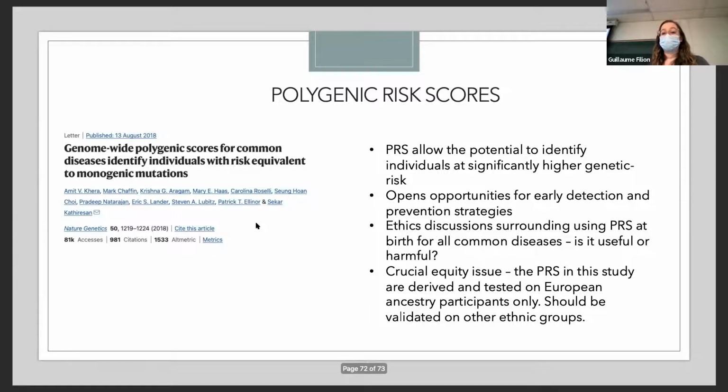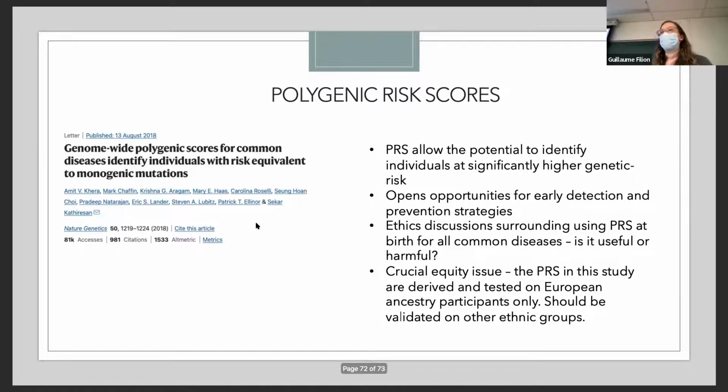There are often a lot of ethics discussions around this. If we have these risk scores developed, should we test them right at birth for all of the known common diseases? Will that do more harm than good? We don't have to discuss or answer that today, but that is something that is often talked about.